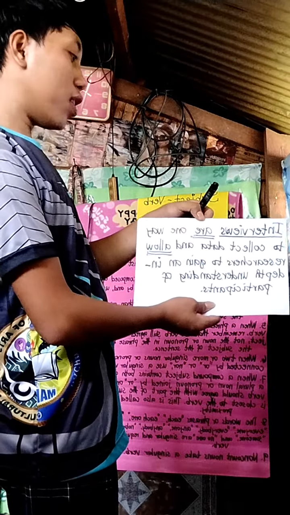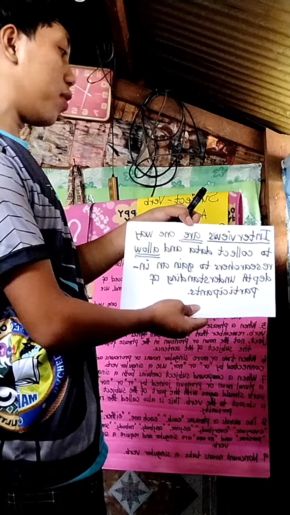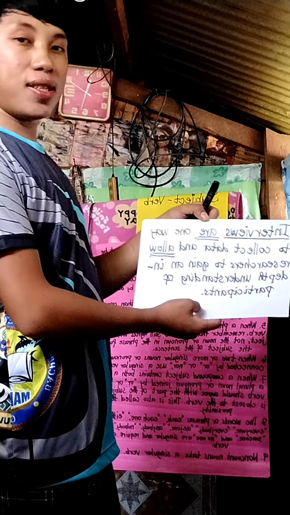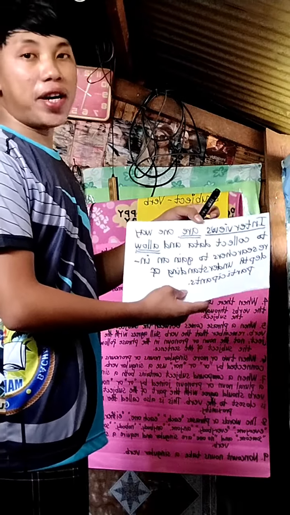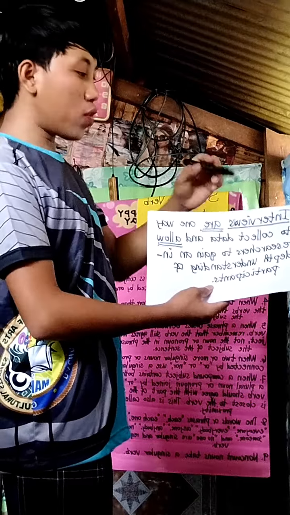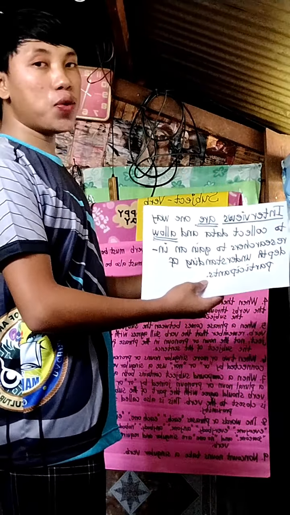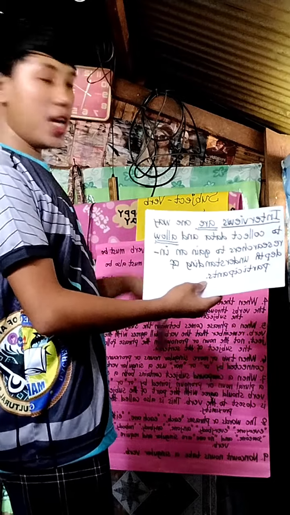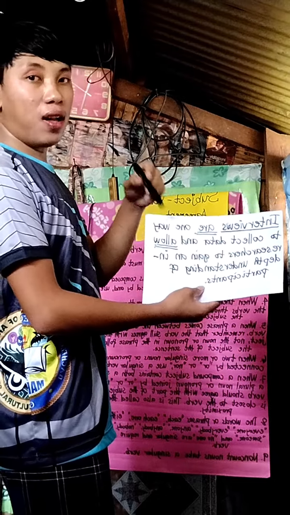Interviews are one way to collect data and allow researchers to gain an in-depth understanding of participants. Obviously, our subject is interviews, which is plural. That's why we use the plural form of verbs, which are are and allow.